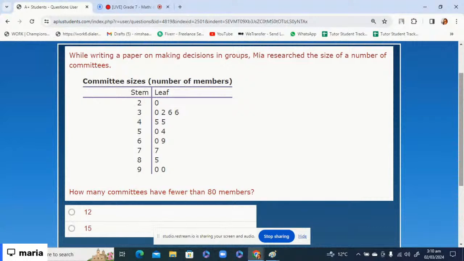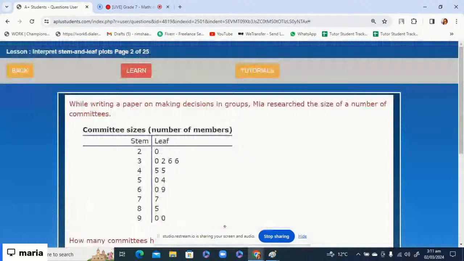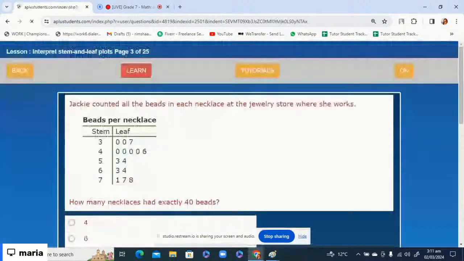So for fewer than 80 members, we are going to count it. 1 2 3 4 5 6 7 8 9 10 11 and 12, because here is the 85, so it's 12. Okay, just count all these leaves here. Okay, this is also the right answer.